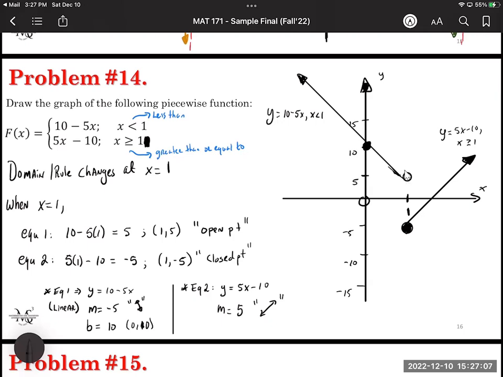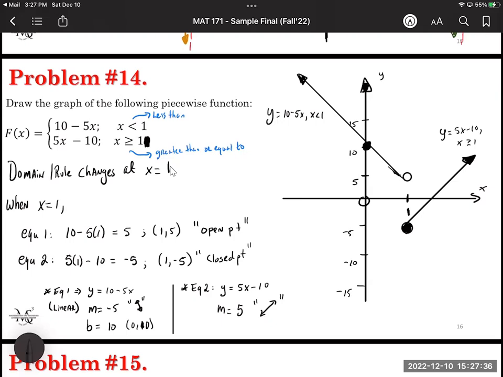It's just an indication that somewhere around (1, 5) is where the first equation ends, and the second equation will begin at (1, -5), because again, 1 is included in the second equation. Does that make sense? Yes. That's why the first thing you should recognize is where your domain rule changes.